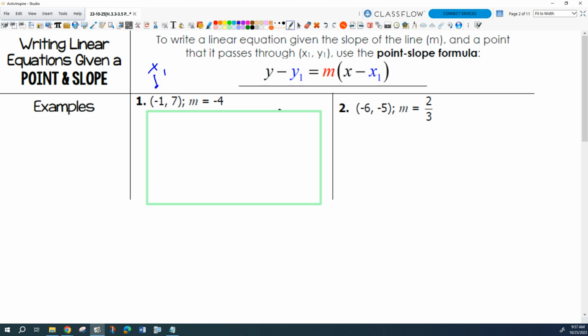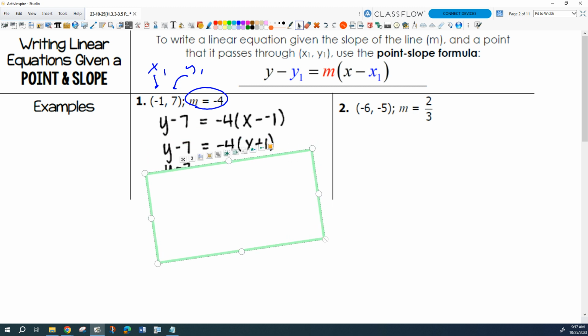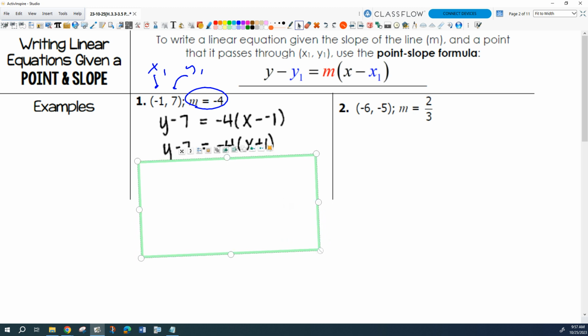Where's the 7 go? Yeah, y1. And obviously m, that's pretty straightforward, right? So don't we just get something like that? y minus 7 equals -4 times the quantity x minus -1, which is just x plus 1, right? And that is my line in point slope form.